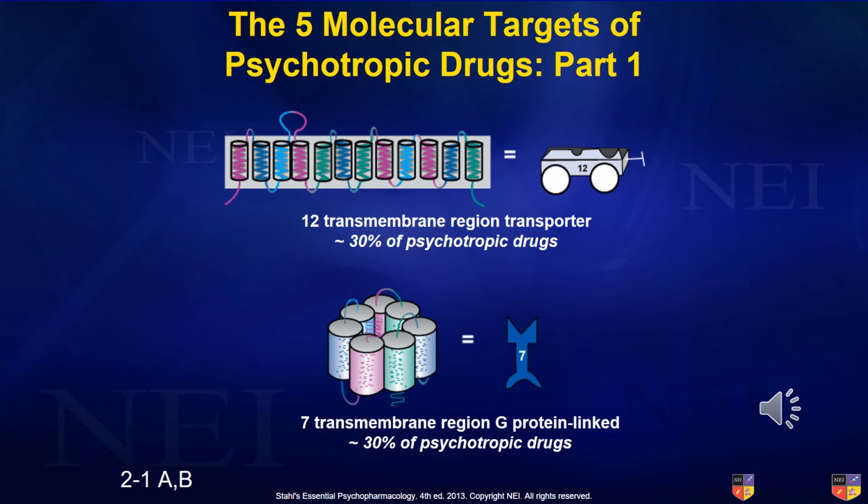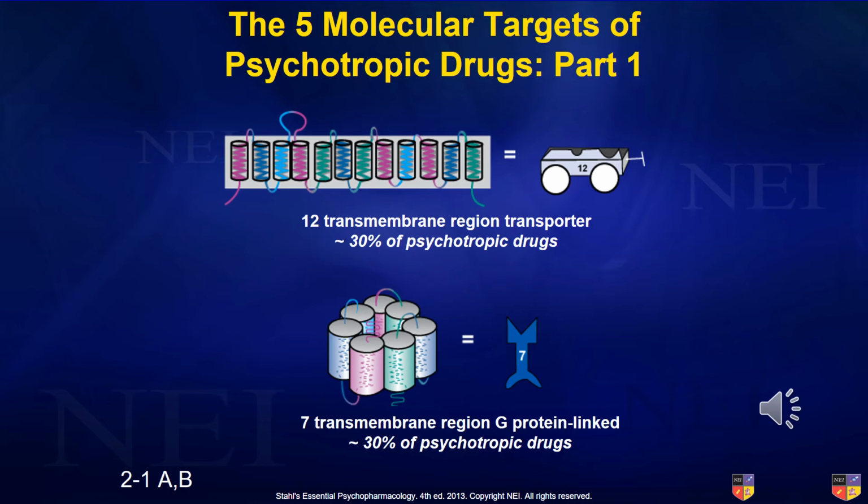We're going to see in a few minutes that there are what we call transporter cells that take a neurotransmitter from the synapse back up into the axon. And these are what are traditionally called reuptake inhibitors. We'll be talking about this more.